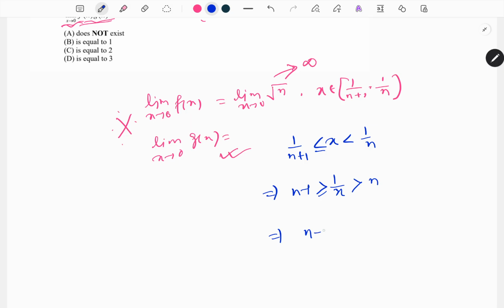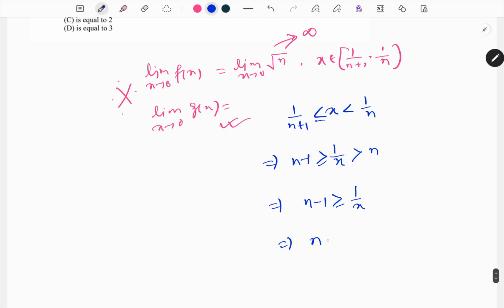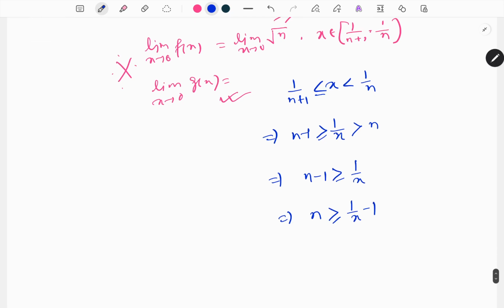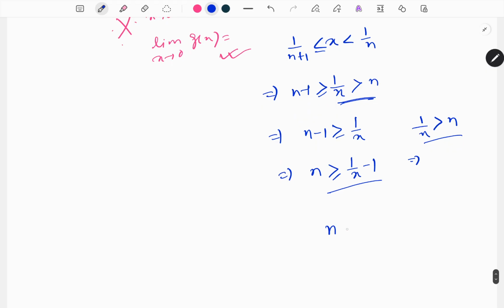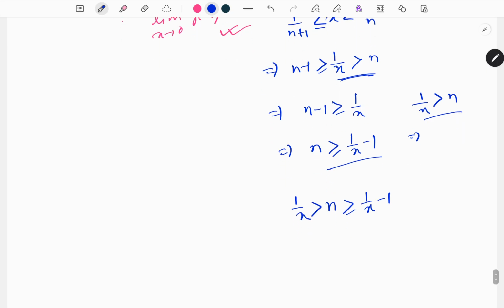Here n+1 is greater than or equal to 1/x, so n ≥ 1/x − 1, and from this 1/x is greater than n. If you combine these, we can write n is greater than or equal to 1/x − 1 and less than 1/x.